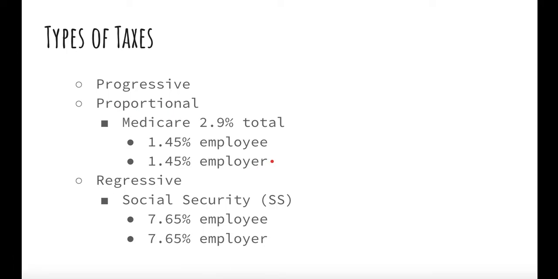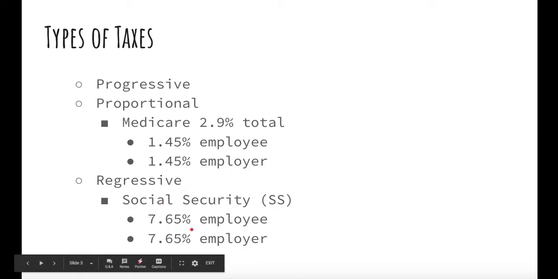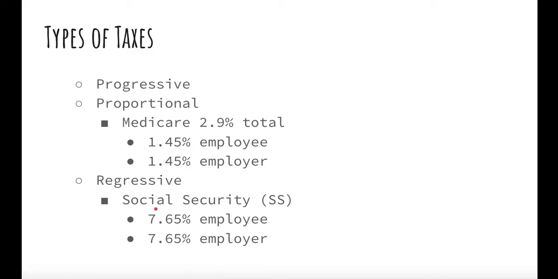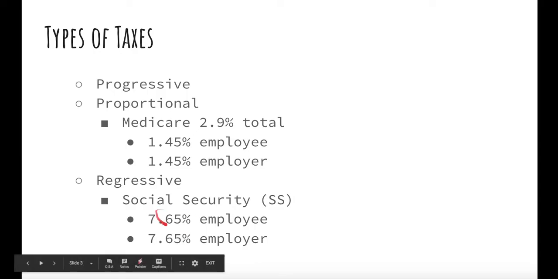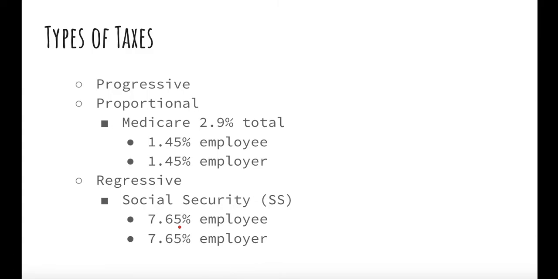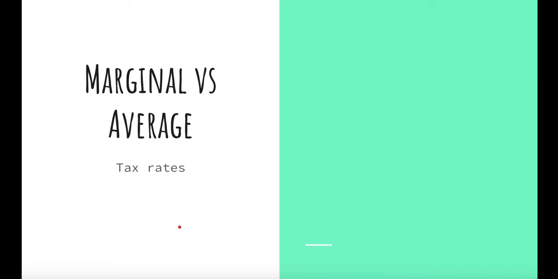But once you make 200,000, that's the base, and the percent of the tax is only 7.65% of the limit, the 120,000. It goes up a little bit every year. So the amount of tax paid stays the same when they made 130,000, 140,000, 150,000, but when you keep dividing that tax by the base, as the base gets bigger, that percentage is going to go down. All right, so those are the three types.